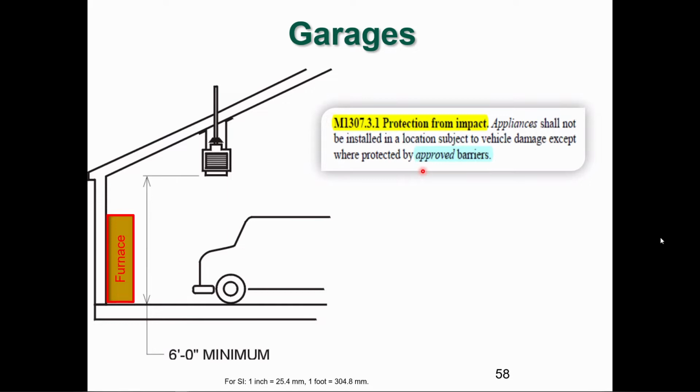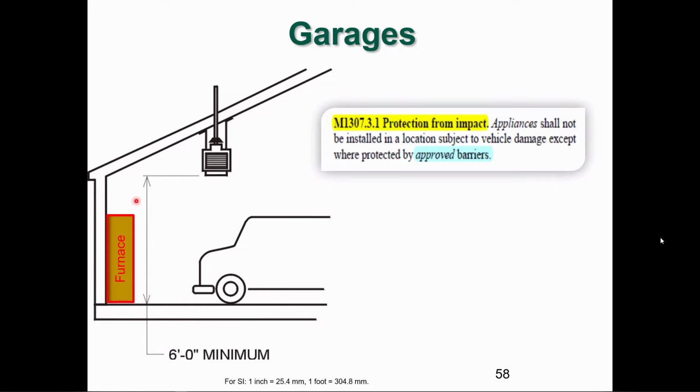Tell me what approved means, unless you already know. What does approved mean? Does it tell me exactly what I need to put here to protect the furnace? Yeah, you're right, it's approved by the code official. The code official says whatever you're going to do is okay. Well, that kind of leaves me hanging. Help me understand.